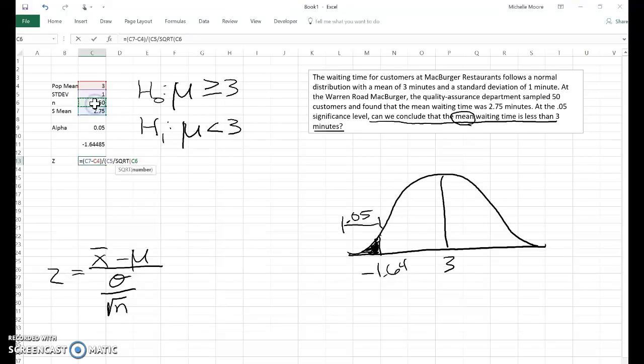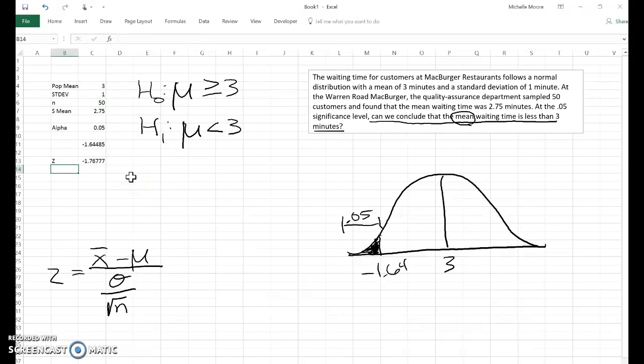Please pay attention to where all of your parentheses are. Parentheses are very important in Excel. Order of operations, that's what it follows. So we have sample mean minus population mean over, now our denominator, standard deviation over square root of n. Whenever you have a function like SQRT, you always follow that with parentheses, no matter what.